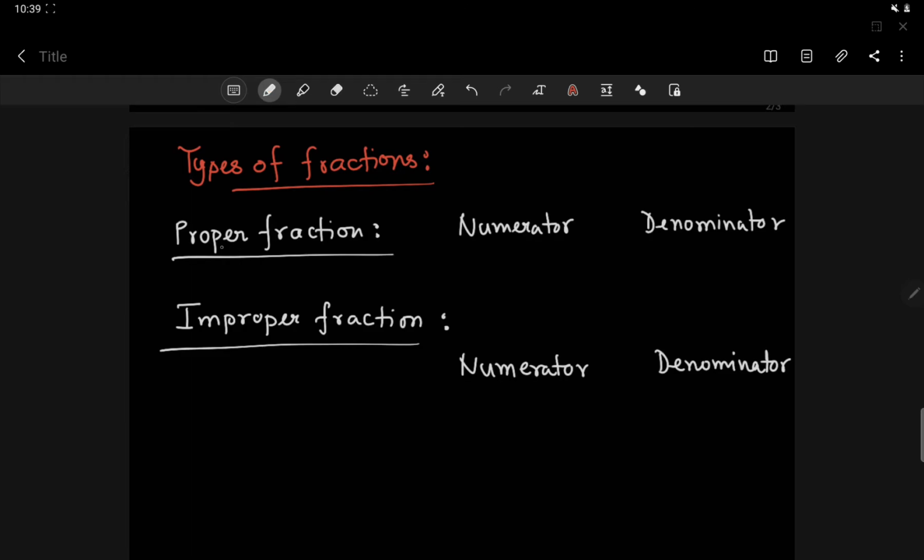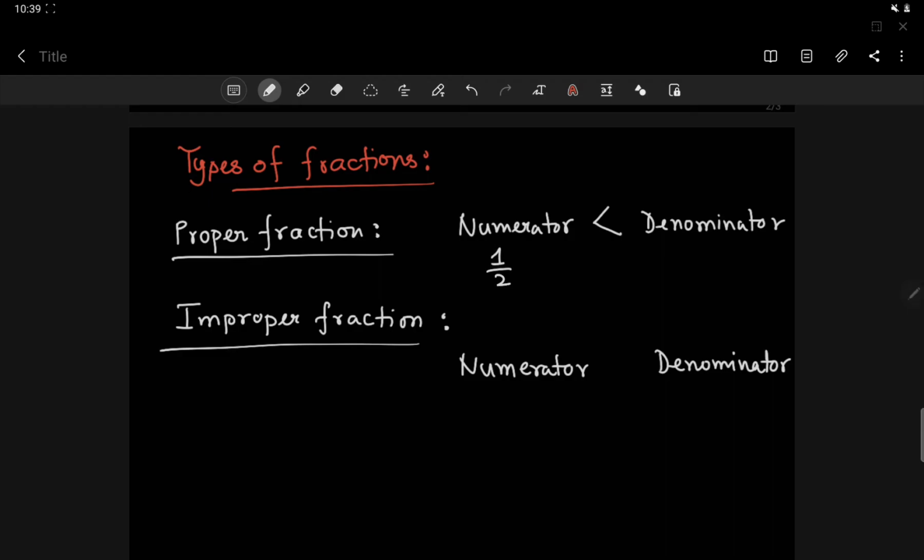So first one is the proper fraction. A fraction consists of two parts, the numerator and the denominator. Those fractions which have a numerator less than the denominator are called proper fractions.